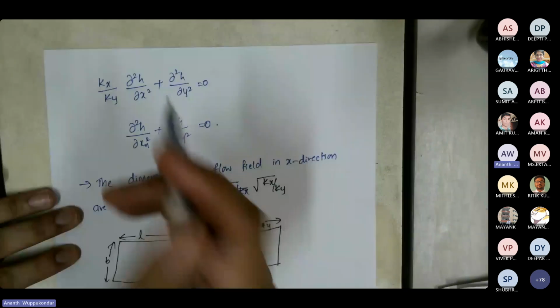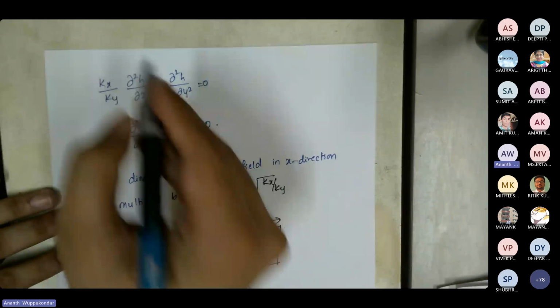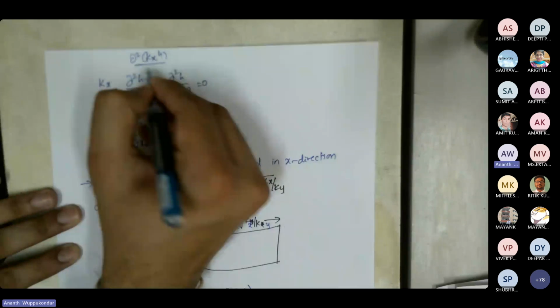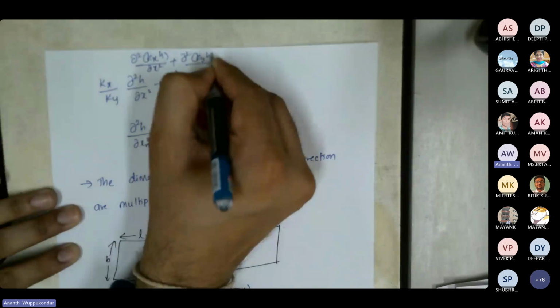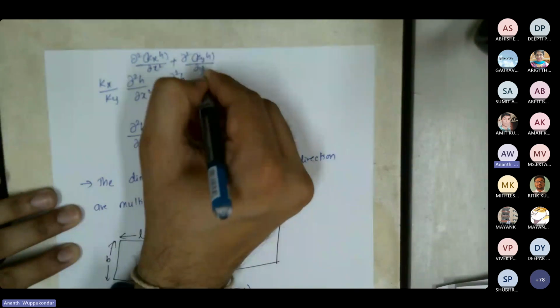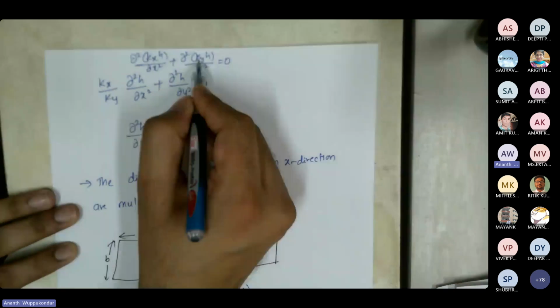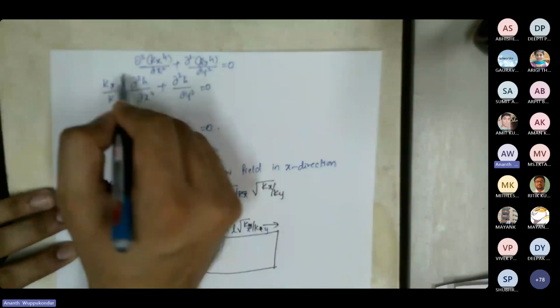From the original equation, which is dou square Kx h by dou x square plus dou square Ky h by dou y square equals 0, I'm bringing out Ky. If I take Ky outside, then we have Kx by Ky here.